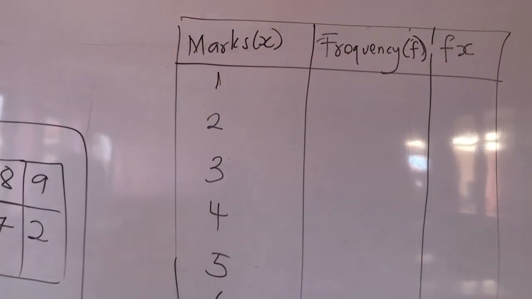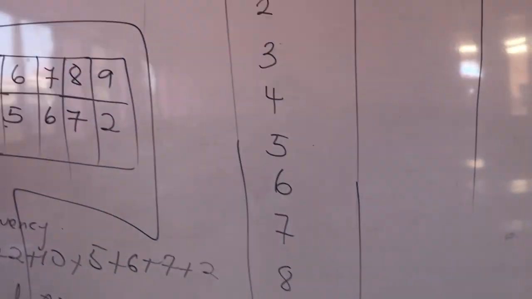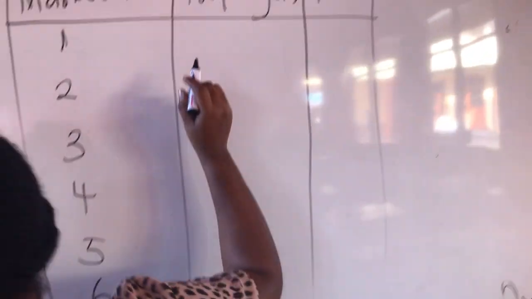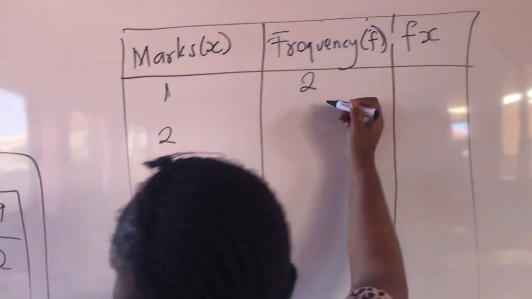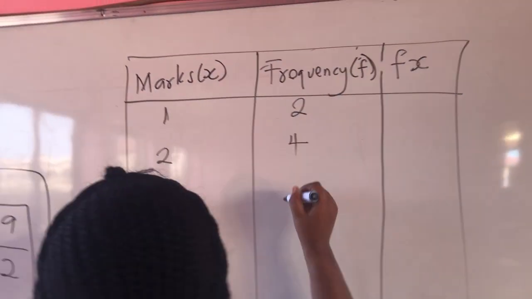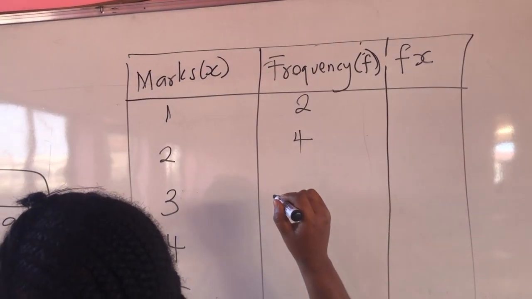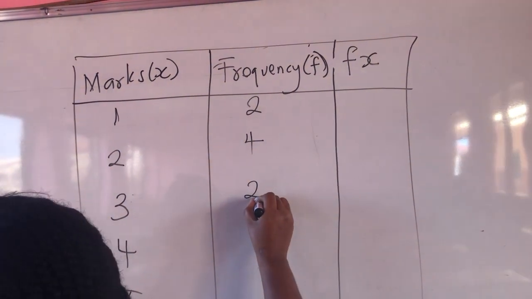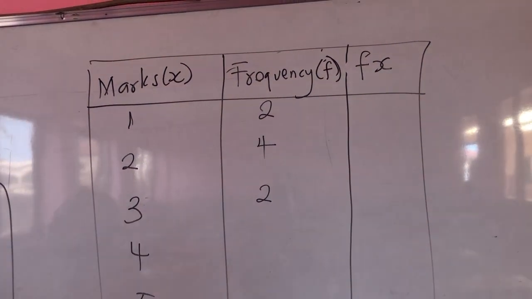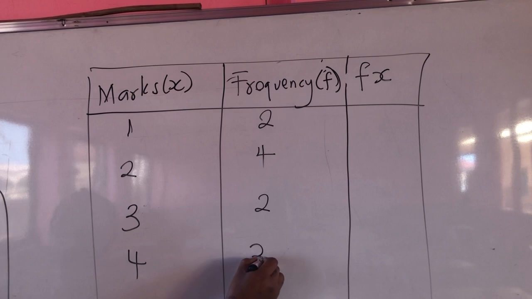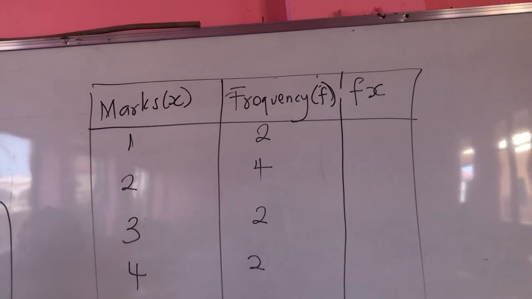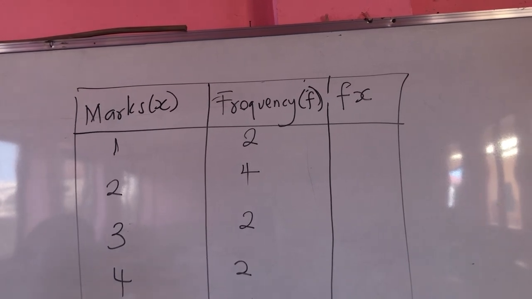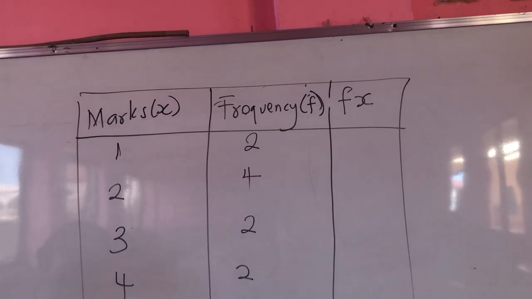And as I said, our frequency has already been arranged for us, it's been given to us. So you just copy what they've given you. So mark 1, we have 2. 4 people got 2. 2 people got 3. 2 people got 4. 10 people got 5. 5 people got 6. 6 people got 7. 7 people scored 8.